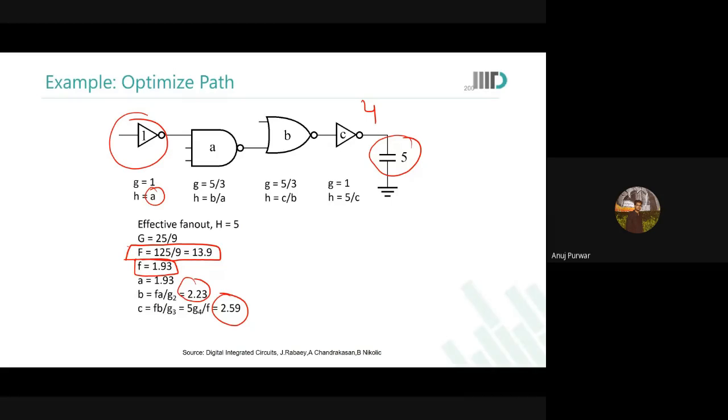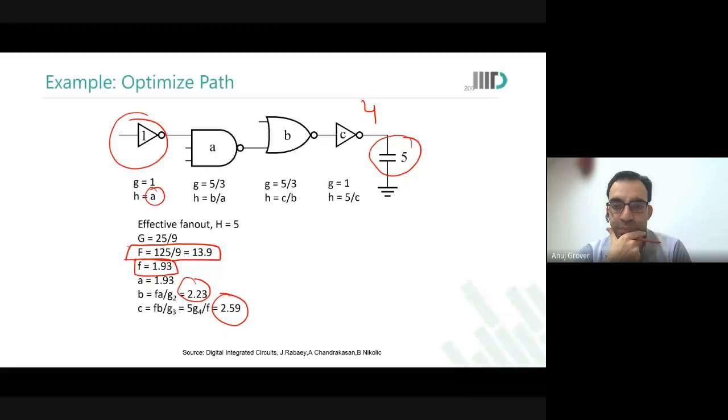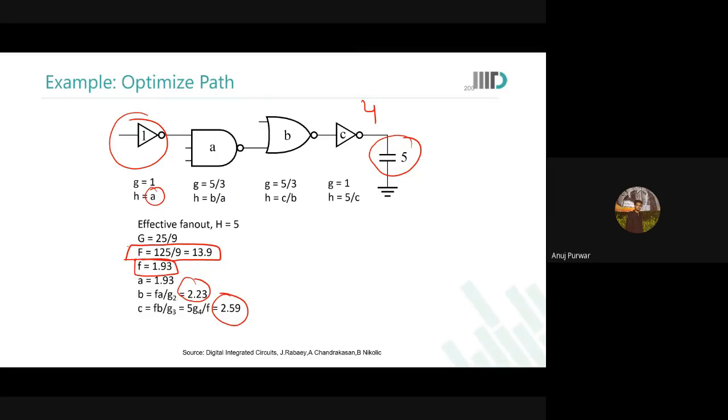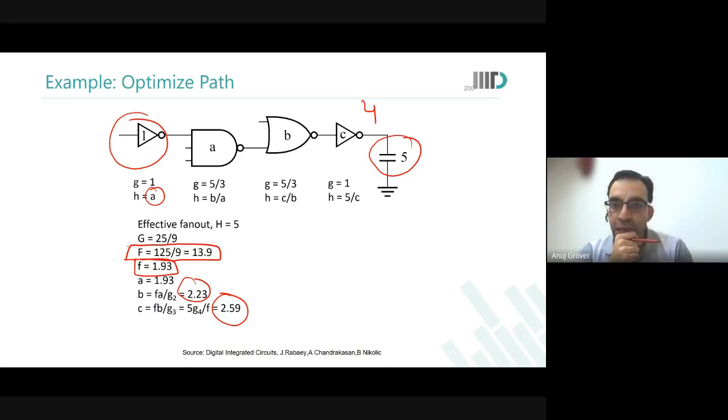Sir, in this case of the inverter, if we calculate the electrical effort, small h, as C out by C in, like you did in the last class, then it would come out as 1, but here it is 1.93. No, C out by C in. So what is C out?